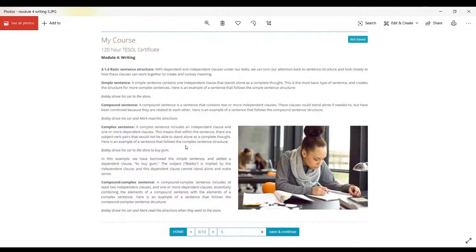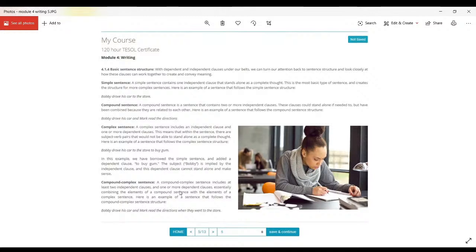Complex sentence, okay. It includes an independent clause and one or more dependent clauses. This means that within the sentence, there are subject-verb pairs that would not be able to stand alone as a complete thought.